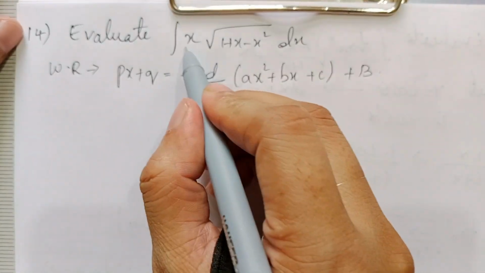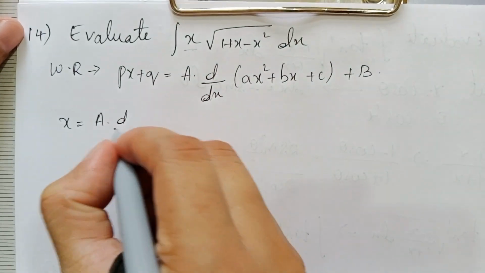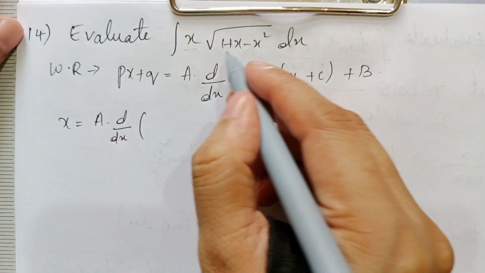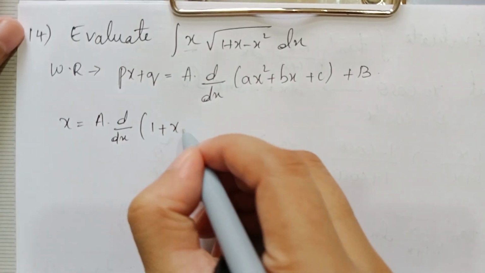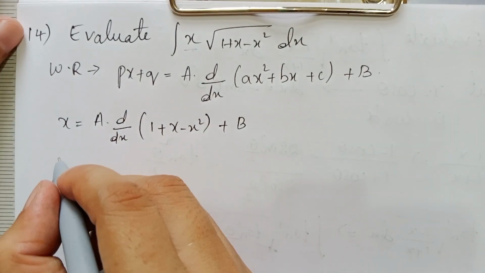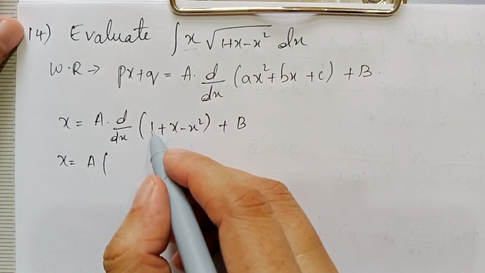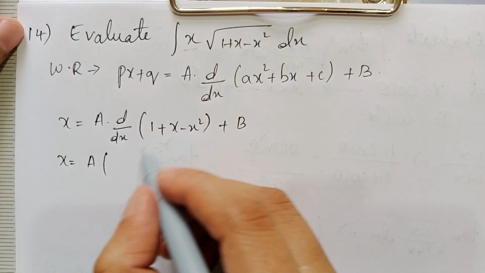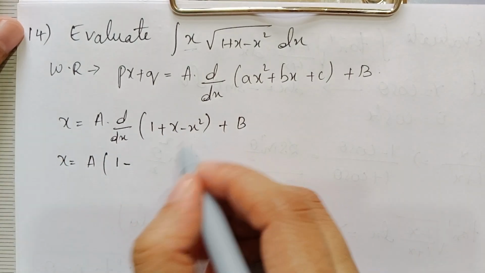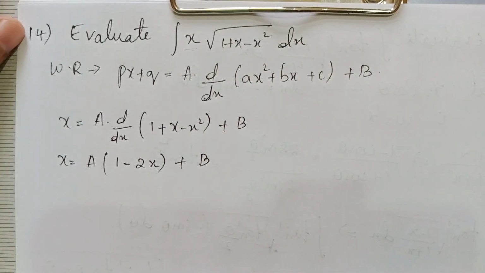So this is only our linear function. So x is equal to a into d by dx of the equation, which is 1 plus x minus x square, plus b. So this can be written as x equals a into, the constant derivative is 0, so I'm not writing it. X derivative is 1 and x square derivative is 2x, plus b.